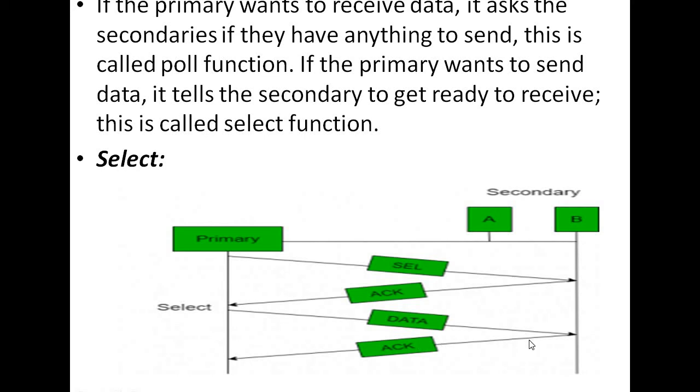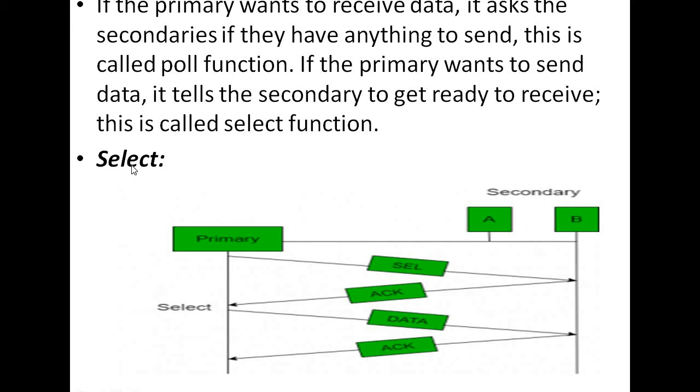If it sends a negative acknowledgement, then the primary site again transfers the message that was not fully transmitted towards the secondary site. So this is the working process of the select command.